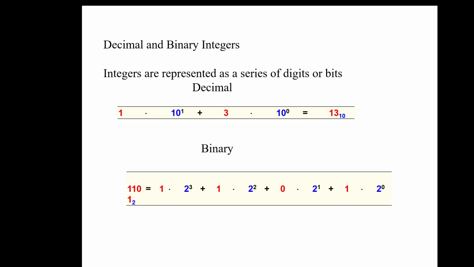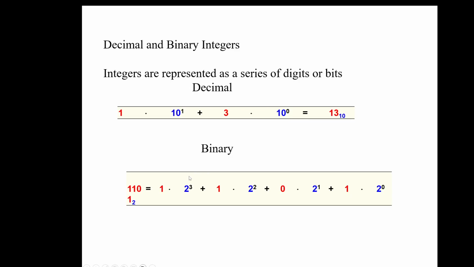What are the relationships between decimal and binary integers? They can be used to represent the same sets of quantities. For example, in decimal, the number 13 is 1 times 10 to the first power plus 3 times 10 to the 0 power. So we have 1 times 10 plus 3, which is 13.